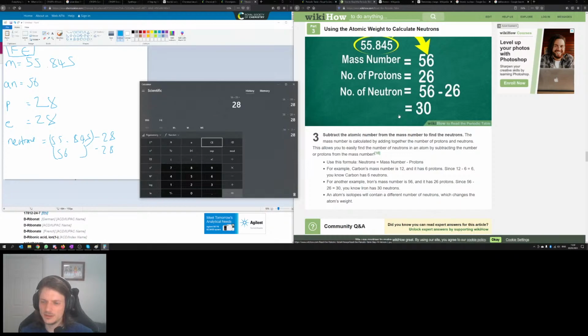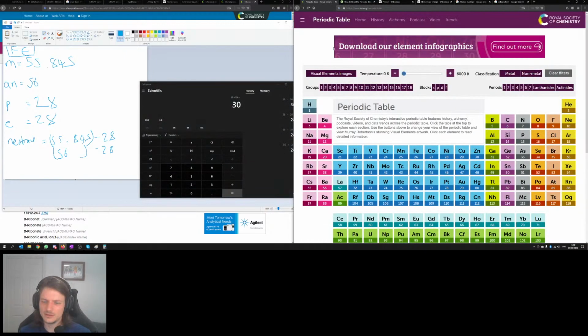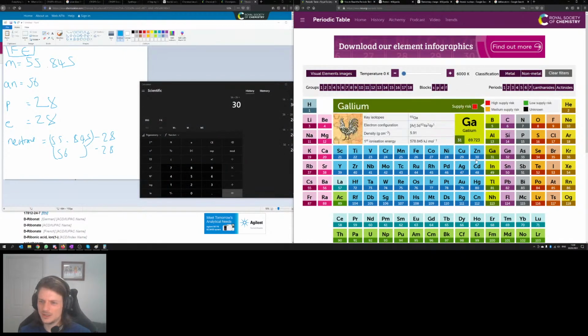That's what I just did. And it seems to think this has 26 protons. But if you had that, so 56 take away 26, it's going to be 30 electrons. So it must be an ionized thing, because they're not equal. I don't understand this. What am I missing here?